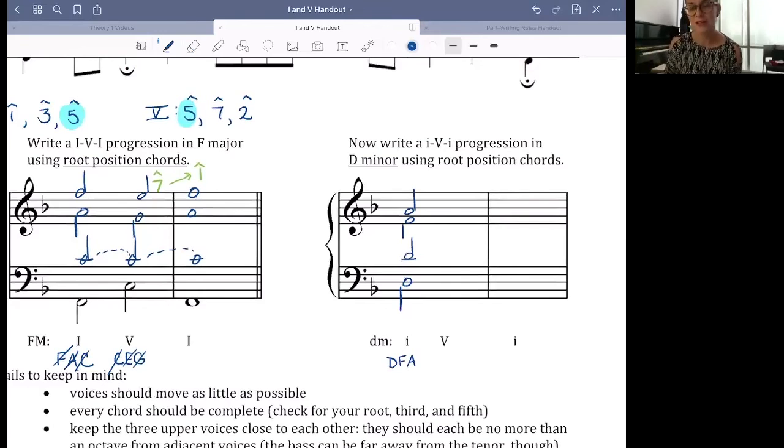Okay, so you got scale degree 5 in the soprano, scale degree 3 in the alto, and the other tonic is in your tenor.